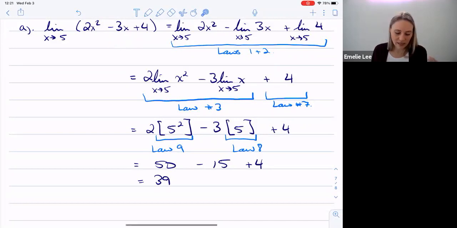But ultimately, if you have a polynomial like this, it's good to be able to recognize polynomials. Then you'll just be able to plug in whatever is at the limit. So those will be the easiest limits to find, because then you can just plug in the value and move on with your life.